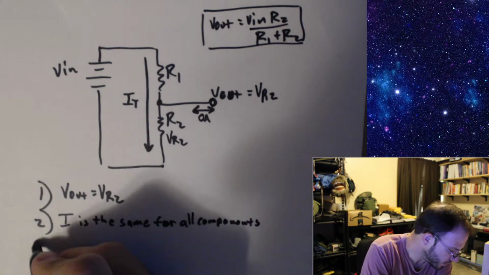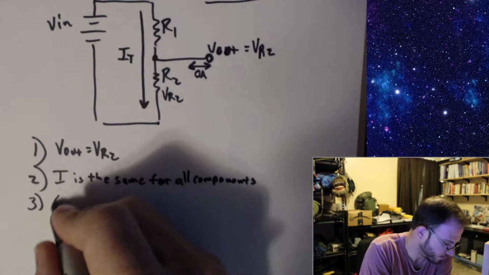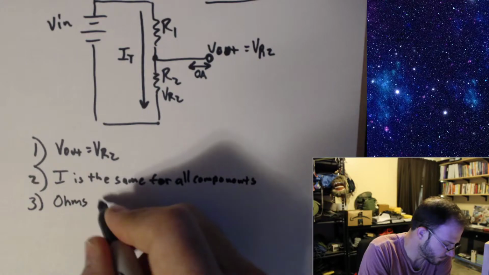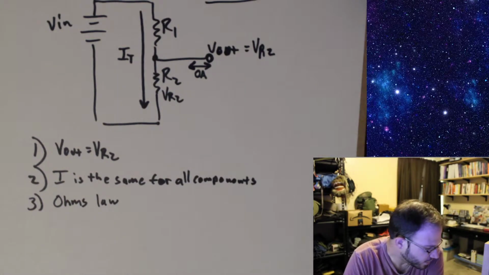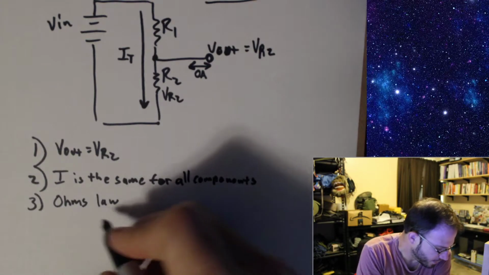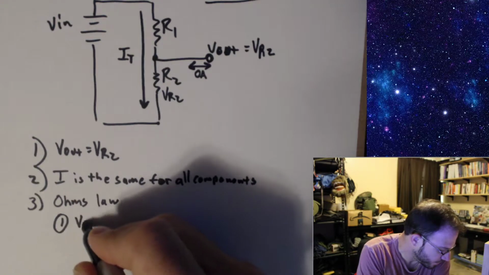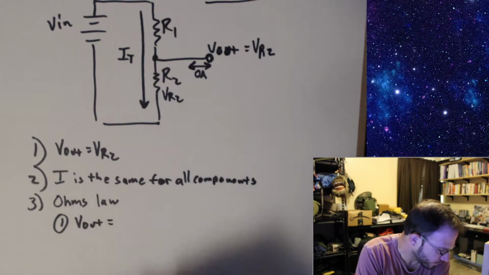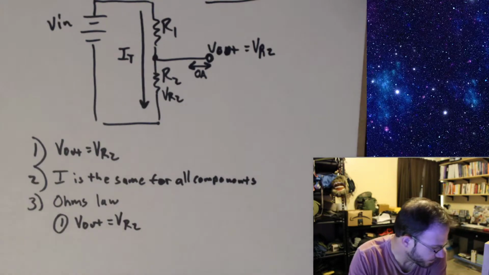Absolutely. So V out is equal to VR2. We already know that.